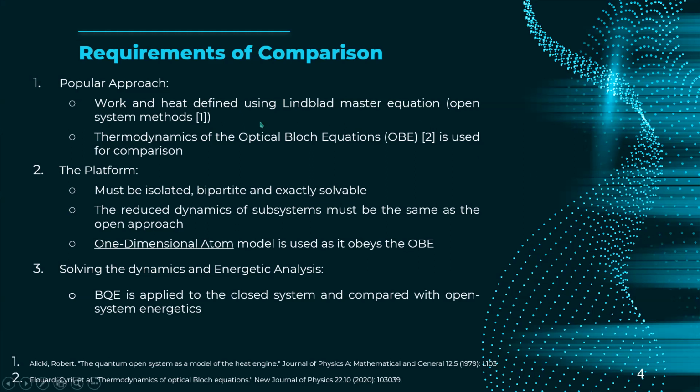That popular one started in the 1980s with Alicki. It defines work and heat using Lindblad master equations, and this is an open system method of defining work and heat.